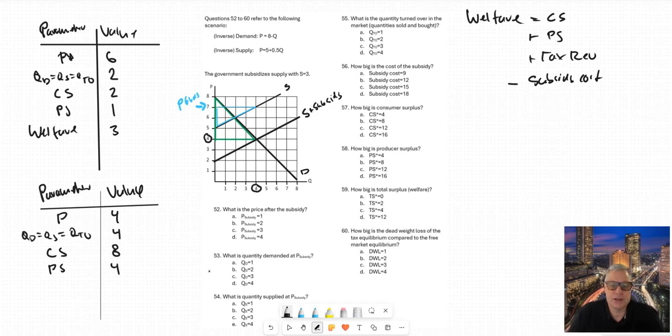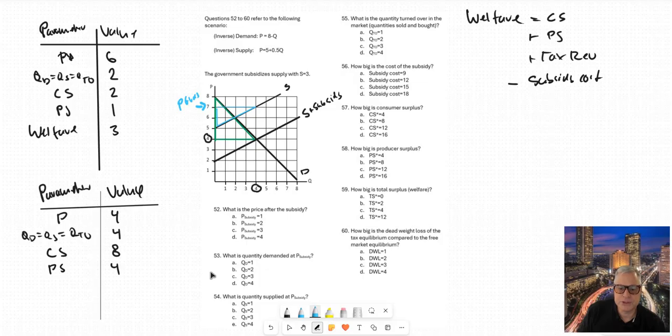Because the subsidy benefits consumers and producers, and we can already see it as part of the consumer surplus and producer surplus. So we must avoid double counting it, so we have to subtract it.